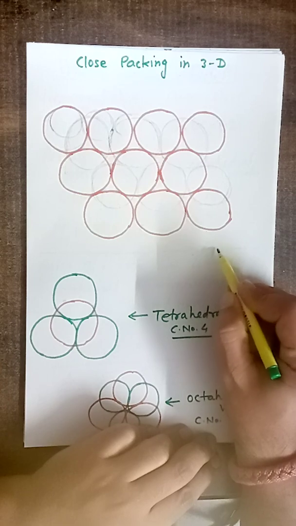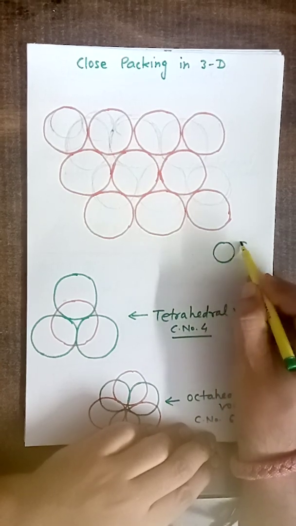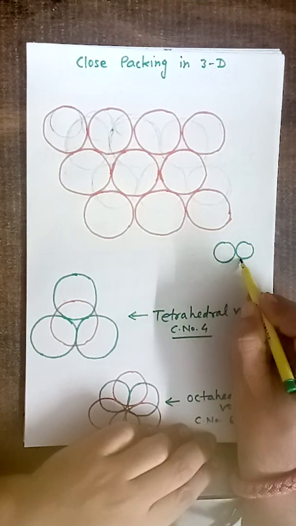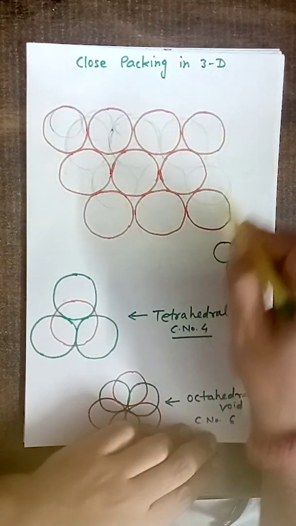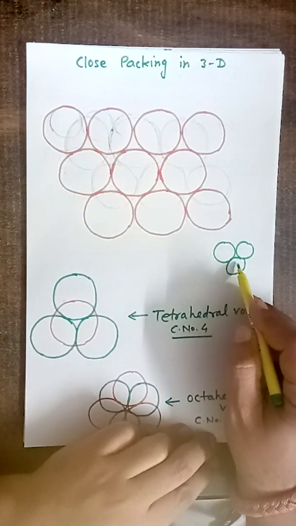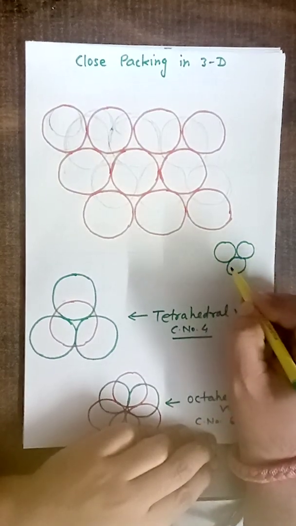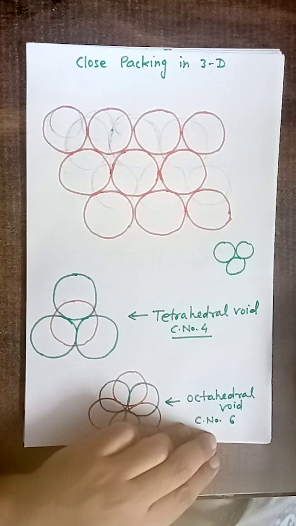there are two possibilities when the second layer is formed. Look here, these are the particles of the first layer which you can see as red particles. These are the particles of the first layer, suppose. Now when the second layer forms, there are two options.